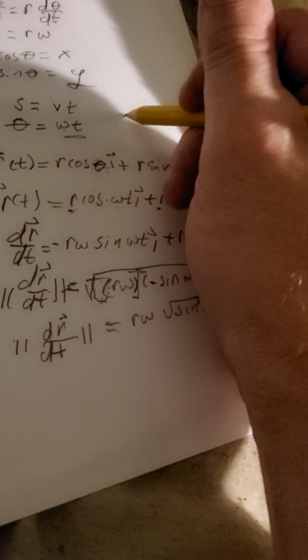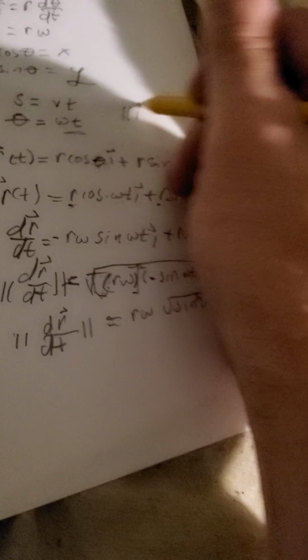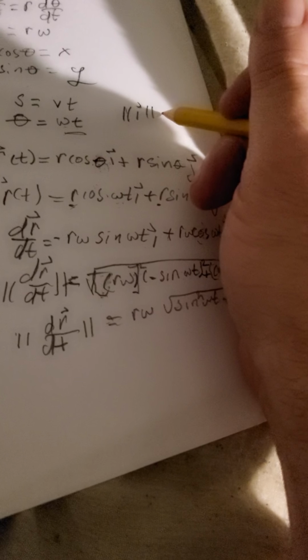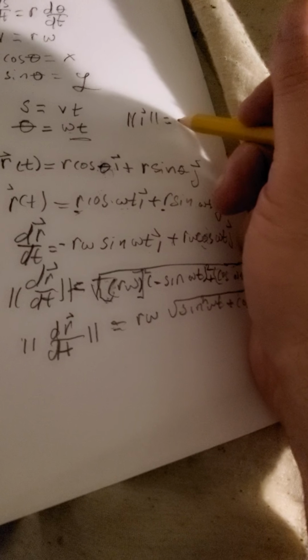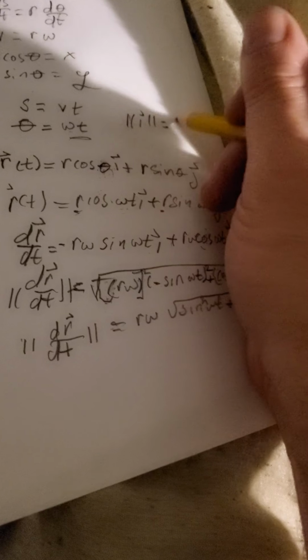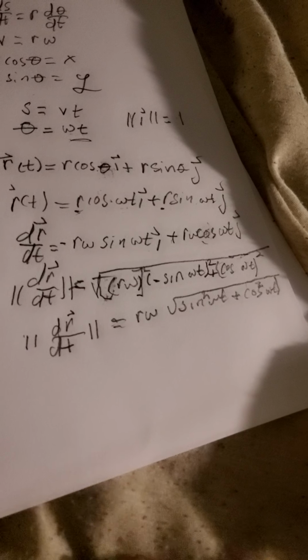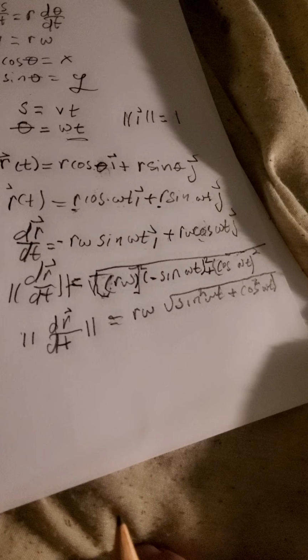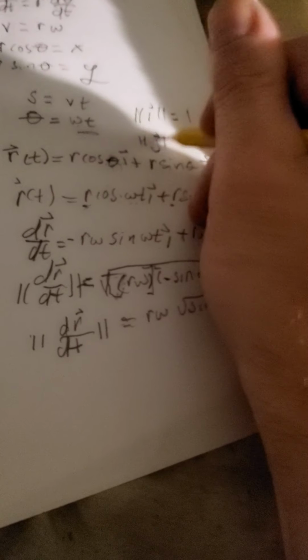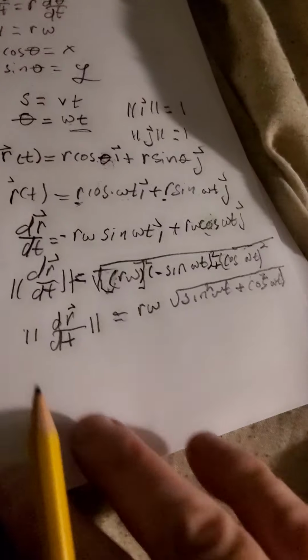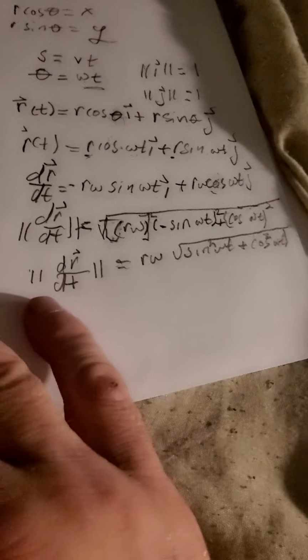I mean, if you wanted to put the i and j in there, you know that the magnitude of the i vector, not imaginary numbers now, the magnitude of the i vector is just going to be 1. That's how, by definition, the magnitude of the j vector is 1. So I can just take that out right there. It's like factoring out a 1, which just gives you everything in there.